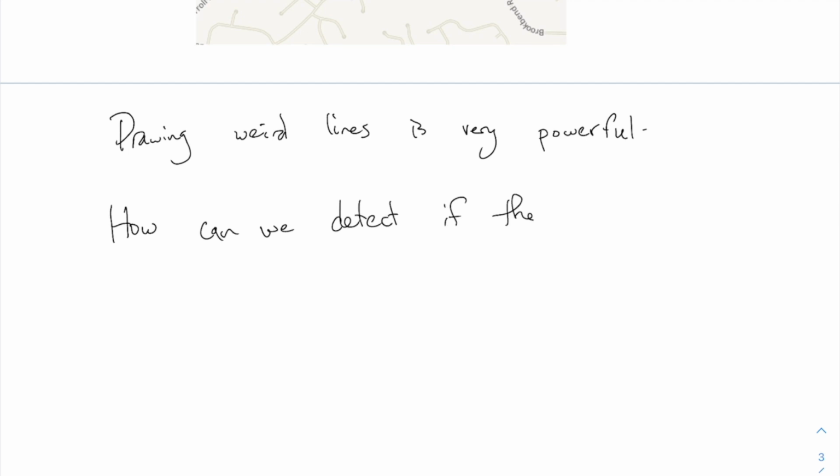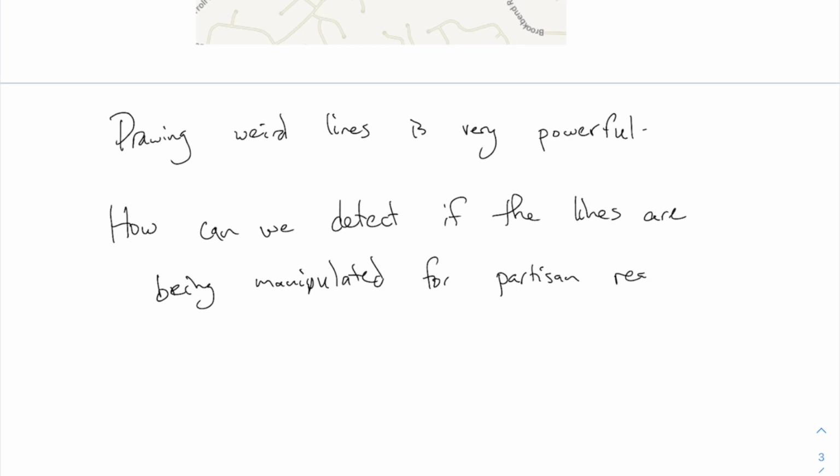How can we detect if the lines are being manipulated for partisan reasons? And this is the more interesting question, I would say, in terms of making our society better.